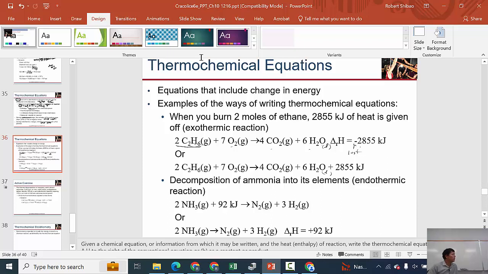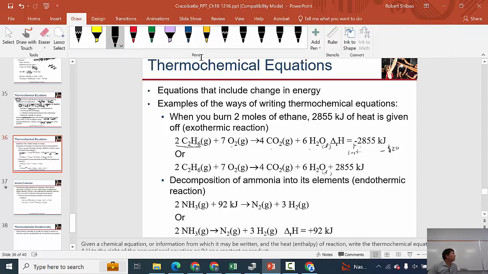Another way of showing this is it's a product. So this would be, let's say, minus 20. Over here, take a look at the sign. Note the sign is positive here.